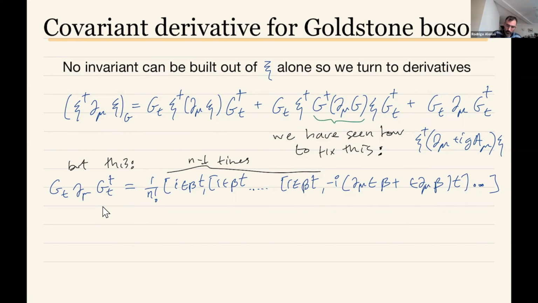Now the nasty piece is the last one. When you pick up the derivative of that unbroken element with respect to X, we can do as we did before and use this formula of nested commutators. At the heart of it, there's going to be the derivative of epsilon times beta times t. And this will pick up two pieces.